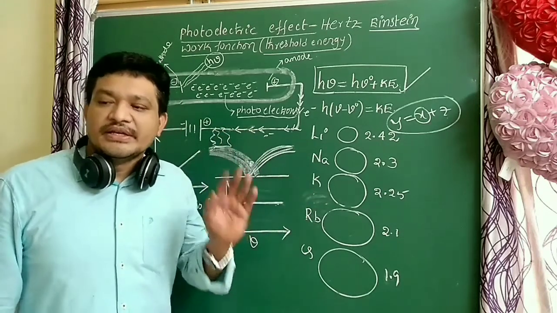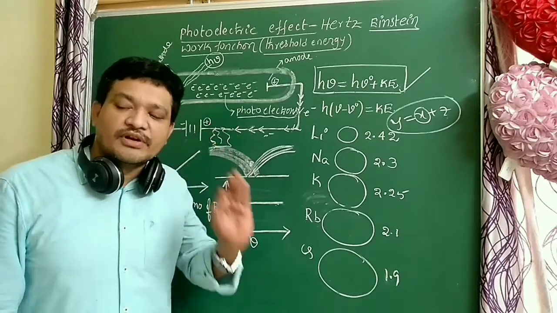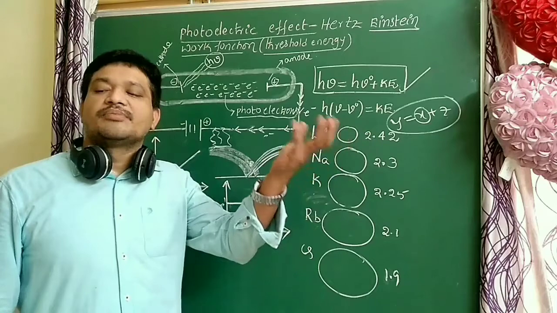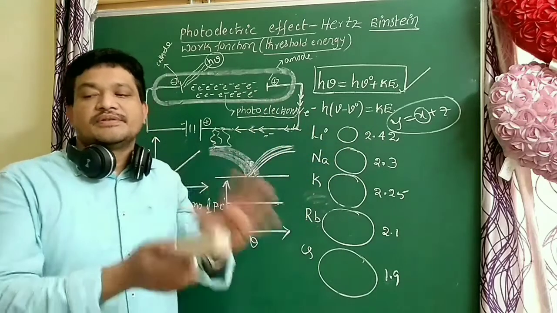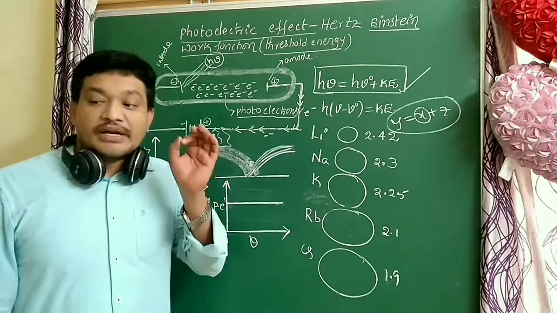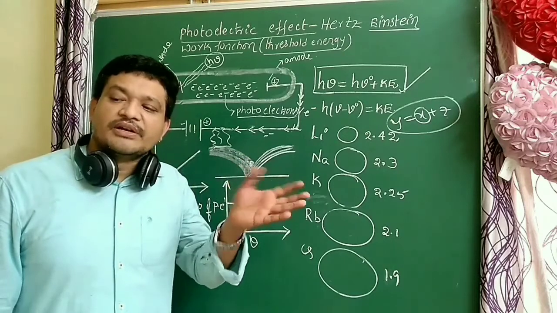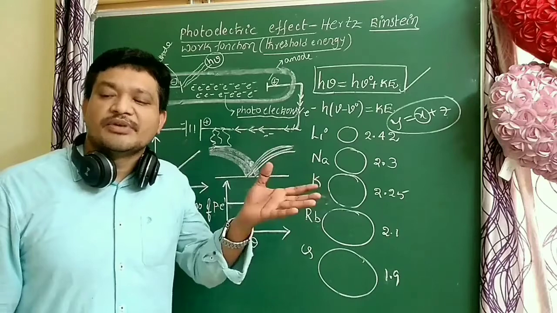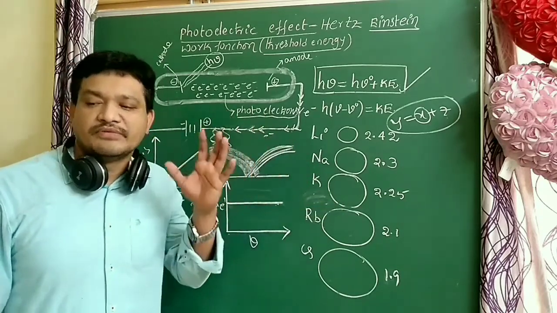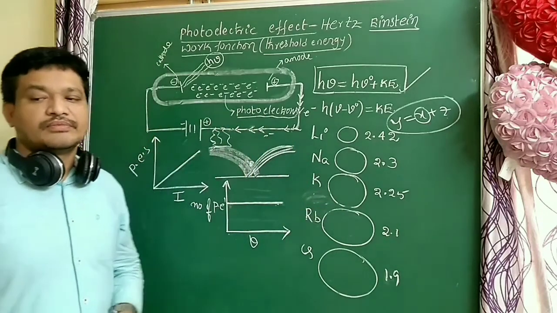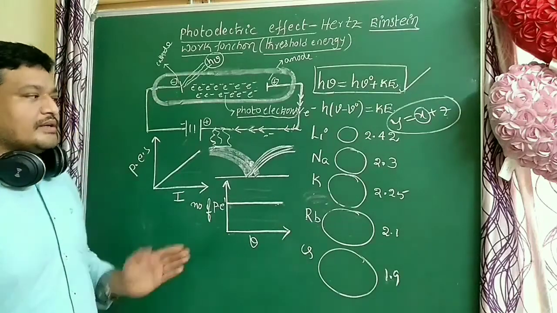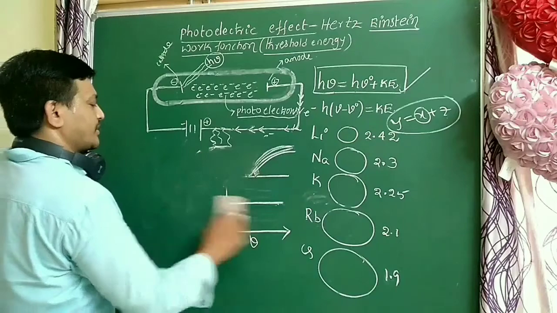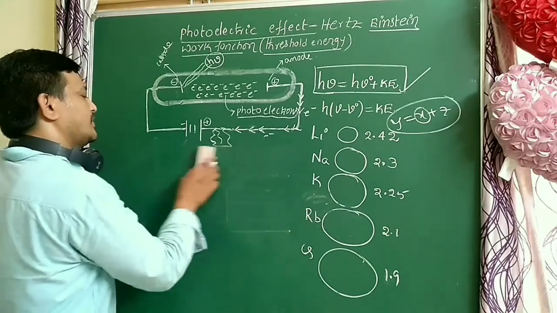Another point is the emission of the number of photoelectrons depends only on intensity but not on frequency. Both are the reverse of each other. That is the very, very important point, students. Okay. Next, some important cases for this photoelectric effect.